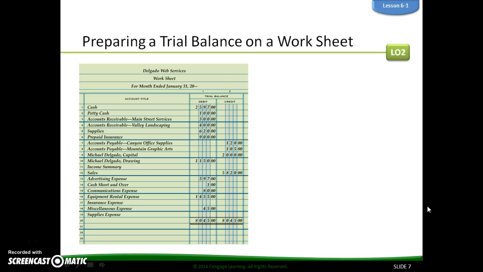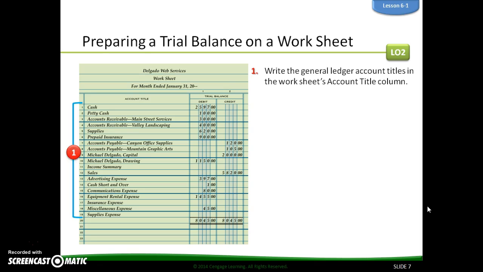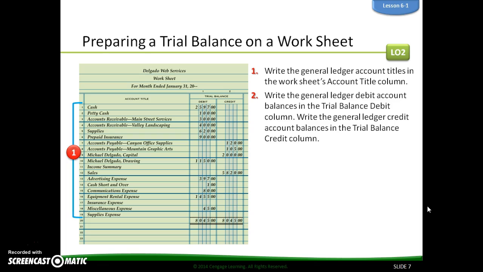When we prepare a trial balance on a worksheet, notice the information that's here and let's pay attention to the steps. So first of all, we're going to write the general ledger account titles in the worksheet's account title column. So you can see all of the account titles; we're going to write everything in, even if there's no activity in that particular account.